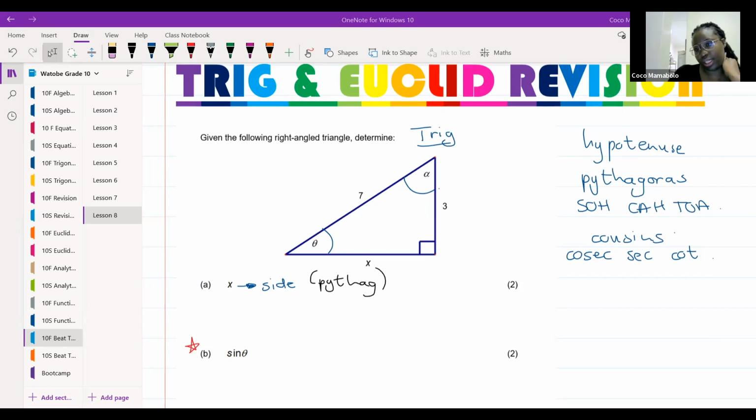Root 20, 6.33. Okay, in this case, don't round off just yet. Leave your answer underneath the surd. We want it to be as accurate as possible. The only time we ever round is if they've given that to us. Okay, check your answer again.